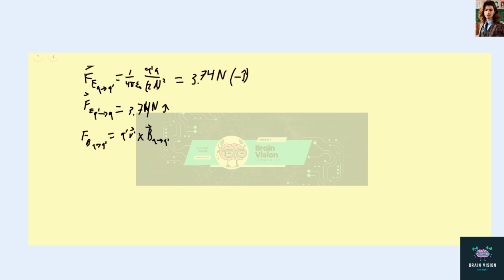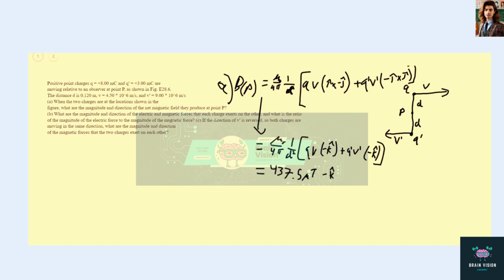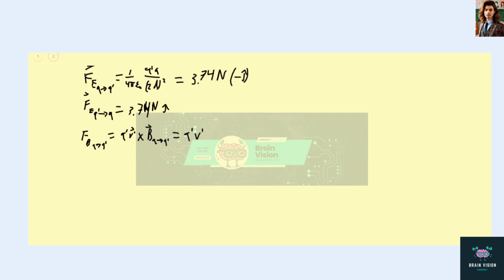So Lorentz force law, Q V cross B. So we can plug this in. So we have Q prime, V prime, and then the V prime unit vector was the negative i hat.